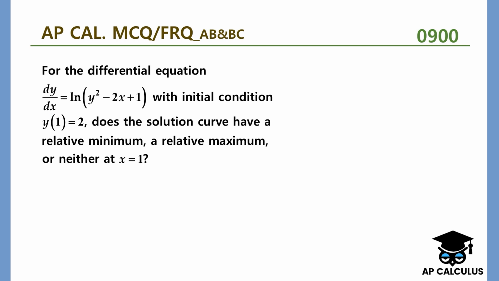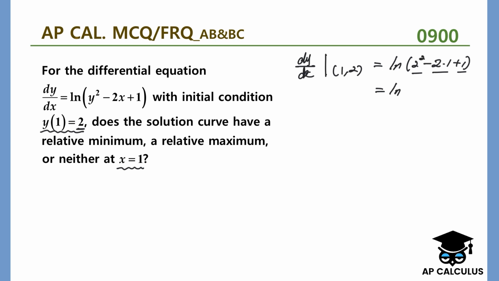Okay, when x is equal to 1, our y is 2, right? And at this point, our first derivative is equal to natural log of 2 squared minus 2 times 1 plus 1, right? So that's going to be 4 minus 2 plus 1, that's 3, right?